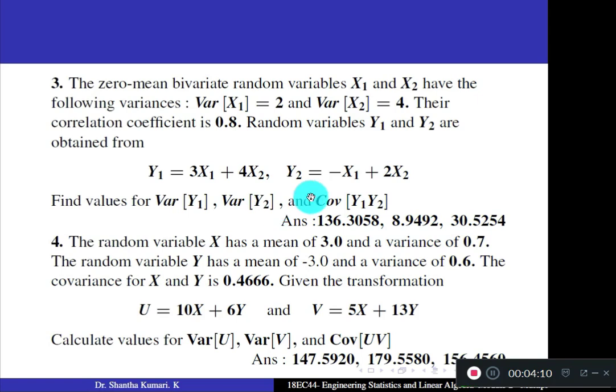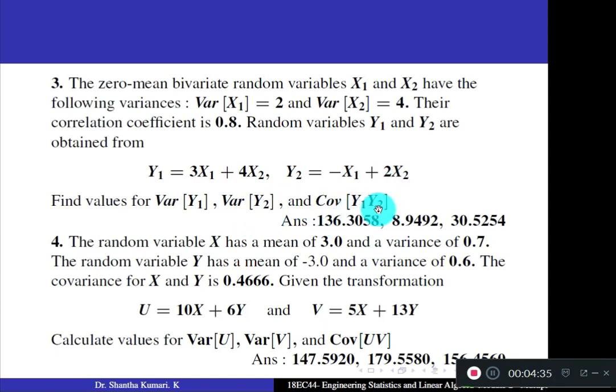Variance of y2. y2 is in the form cx1 plus dx2. So what is the formula for variance of y2? Which is c square into sigma square x1 plus d square into sigma square x2 plus 2cd into covariance of x1, x2. Directly you have the formula for this.